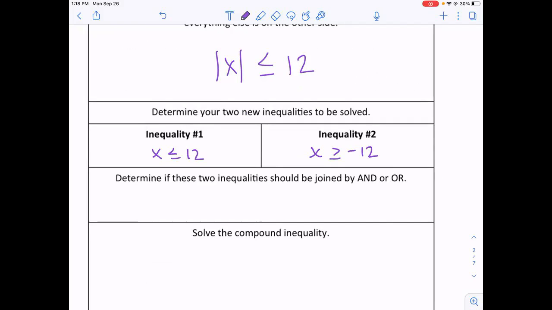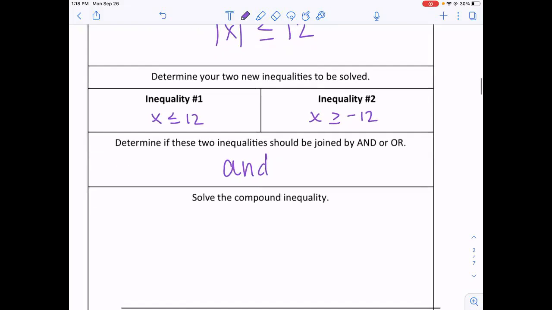Holden, according to our notes, if we have a less than sign, do we have an and or an or? We have an and. So we have x is less than or equal to 12 and x is greater than or equal to negative 12.